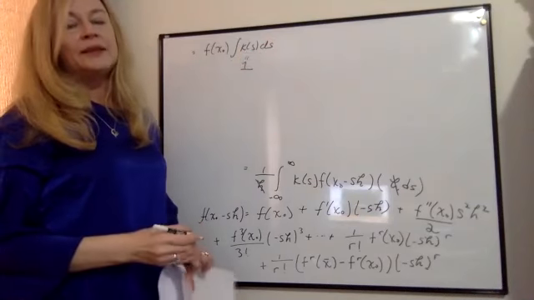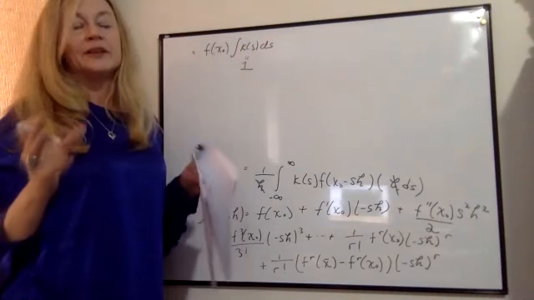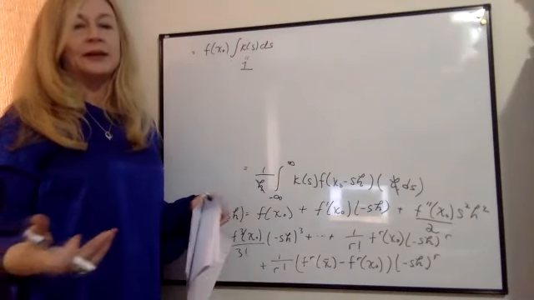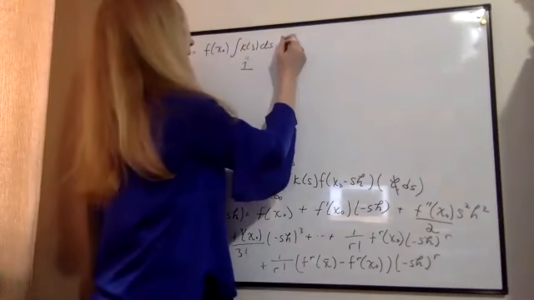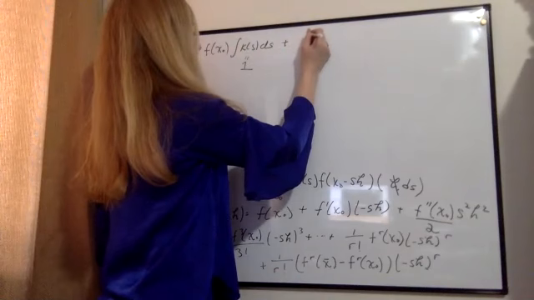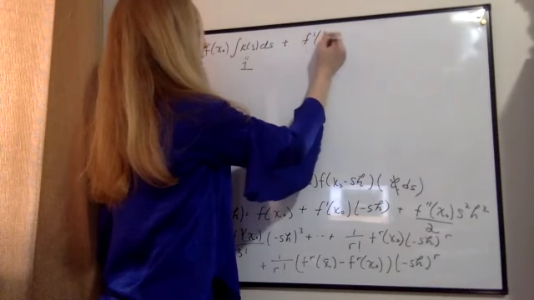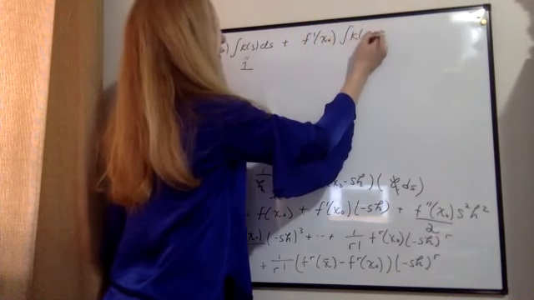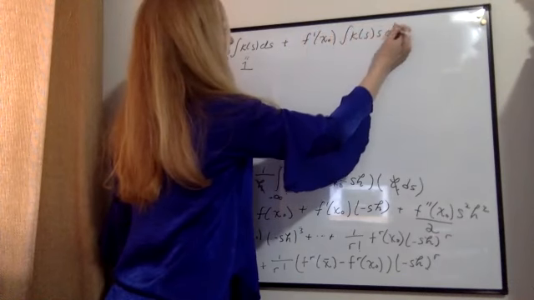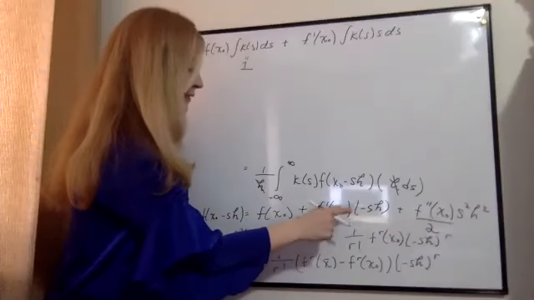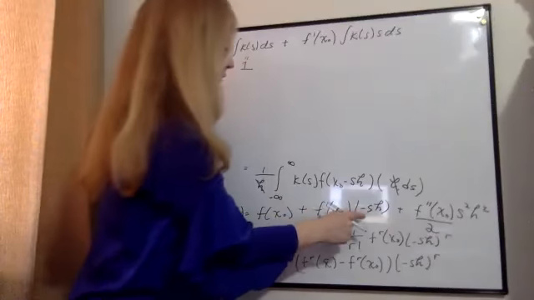So that just means that whatever kernel weighting function we use, it needs to be a proper density. It has to integrate to 1. Okay. Now the second term is f prime of x naught, k of s ds times h.